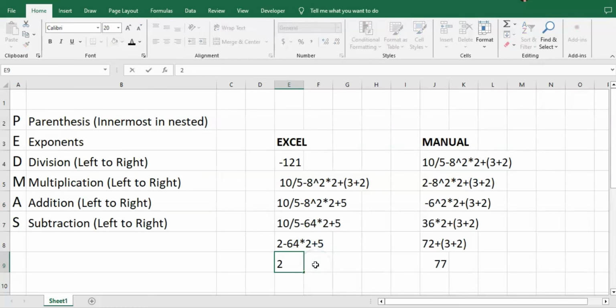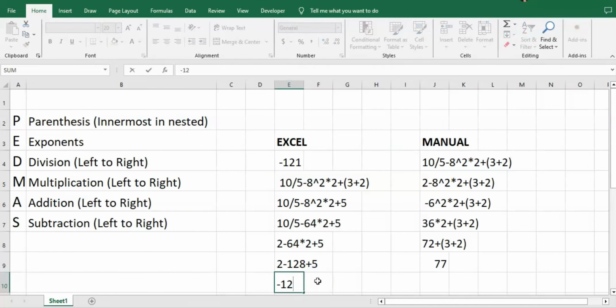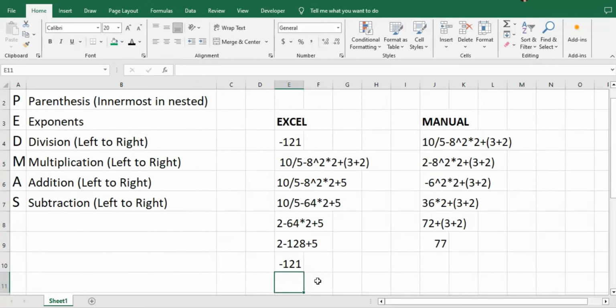So 2 minus 64 multiplied by 2, which is 128, plus 5. Then we work out subtraction, because that comes first from the left compared to the addition. So 2 minus 128, which is minus 126, plus 5, which is minus 121.